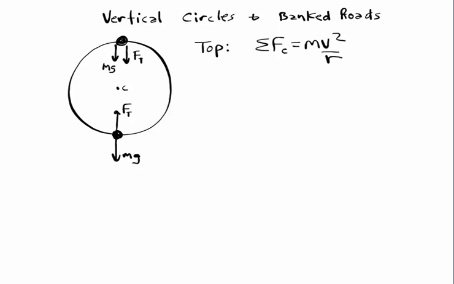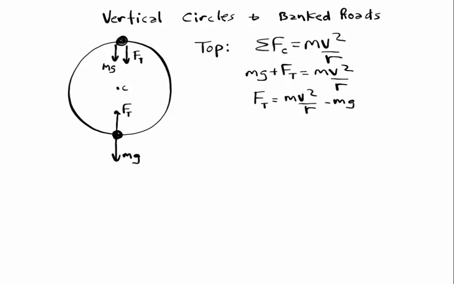I'm going to write this as mg plus the tension equals mv squared over r. If I solve this for tension, I get that it's equal to mv squared over r minus mg.